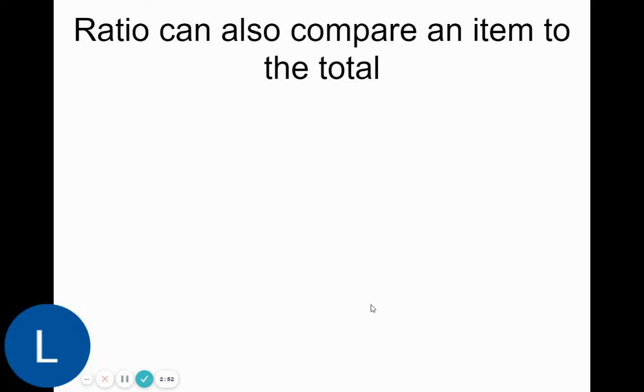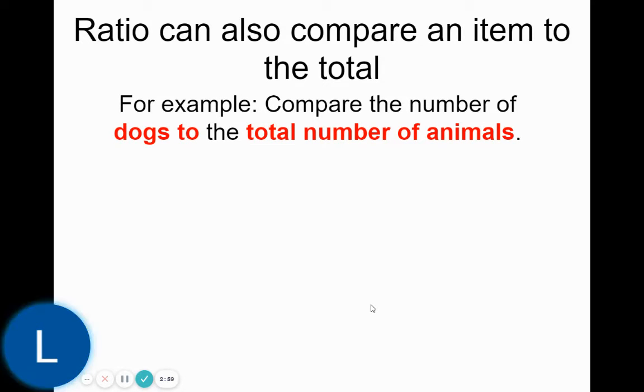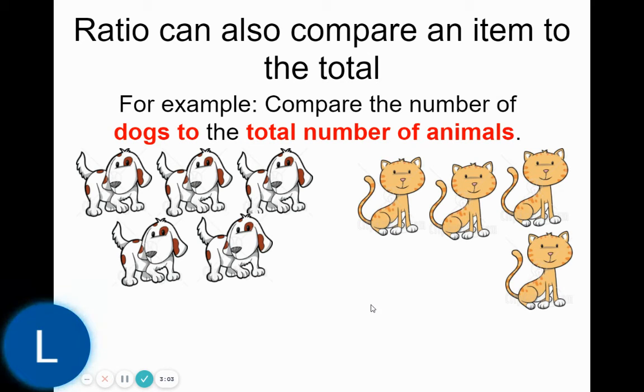Ratios can also compare an item to the total. Now this is what I call part to total. Comparing the number of dogs to the total number of animals. Same picture, 5 dogs, 4 cats. But this time it's dogs, notice what's in red, dogs to total number of animals.